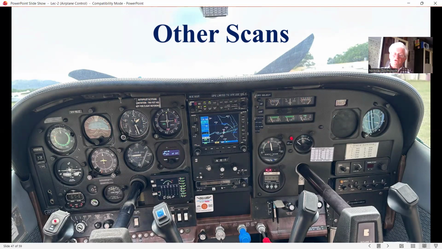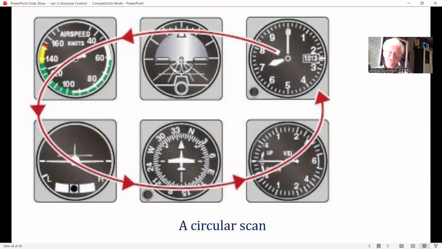It is necessary on some occasions to have a fast scan, such as on final for an instrument approach. On other occasions, however, the scan can be more relaxing, for instance, when cruising with the autopilot engaged. It may then be suitable just to have a fairly relaxed circular scan.